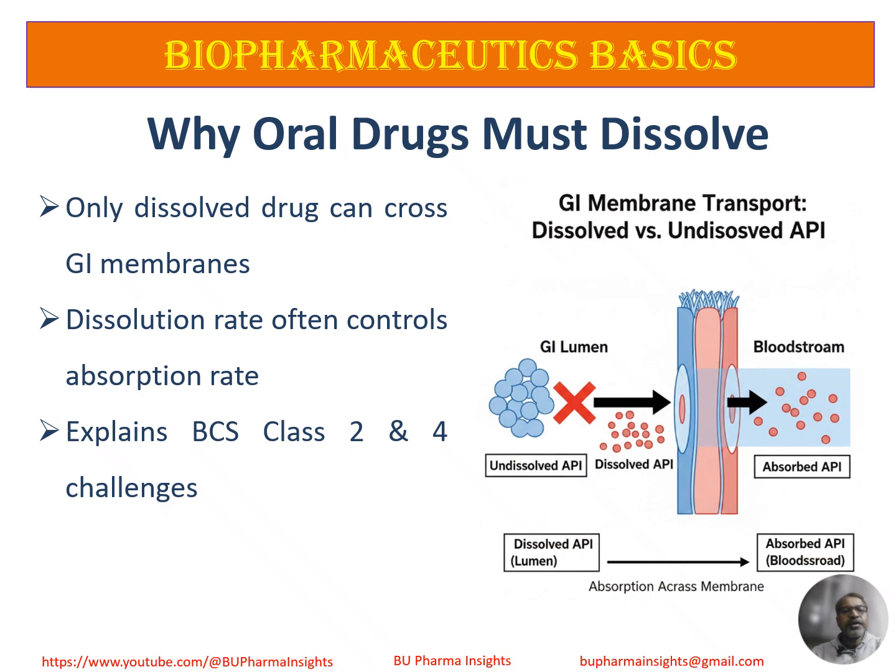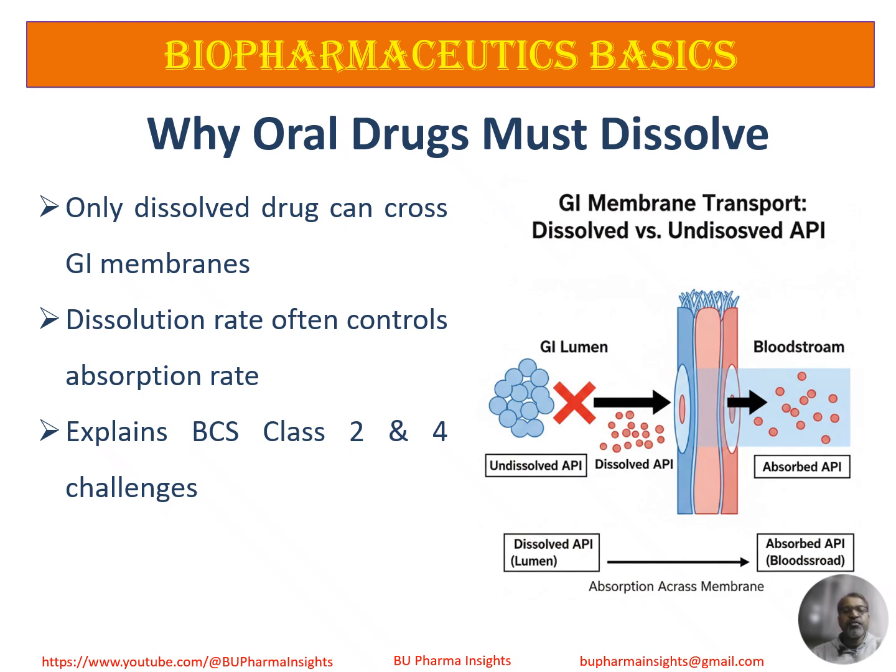Next, for any oral solid dosage form, tablet or capsule, dissolution is the first essential step. A drug that does not dissolve cannot be absorbed. Poor dissolution is one of the leading causes of formulation failure, batch rejection, and even clinical trial setbacks. Even the most potent drug is ineffective if it cannot dissolve.